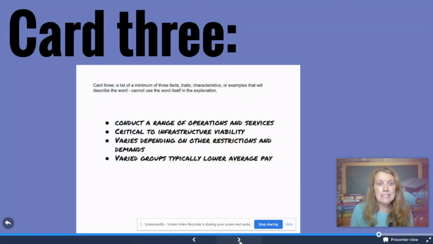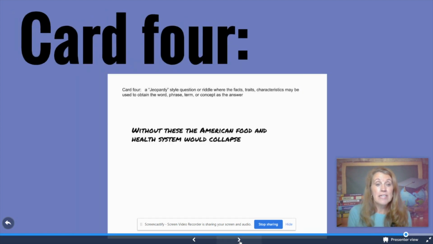Card 3 is a list of a minimum of 3 facts, traits, characteristics, or examples that will describe the word, but you cannot use the word itself in the explanation. Card 4 is a Jeopardy-style question or riddle where the facts, traits, characteristics may be used to obtain the word, phrase, term, or concept as the answer.